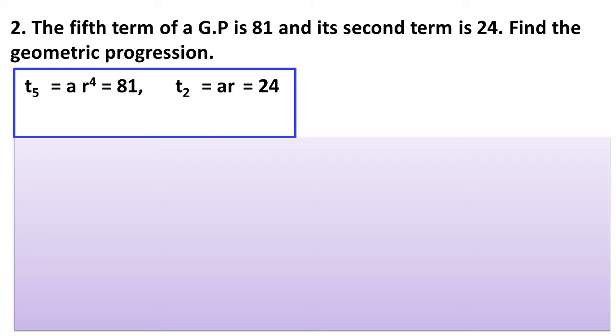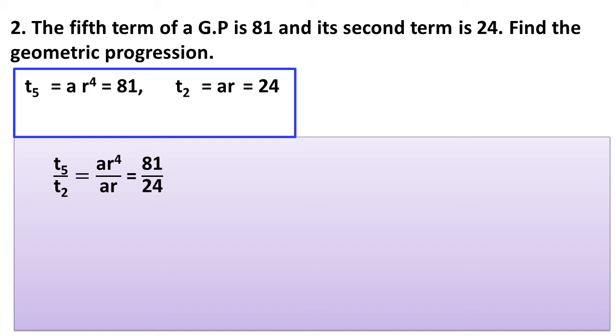So in GP, the method we are going to follow to find the geometric progression when the value of two terms are given is, we have to divide one term with the other term. Consider the greatest term, that is T5, and the smallest one is T2. Calculate T5 by T2.